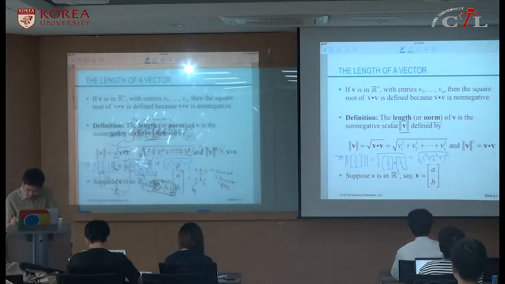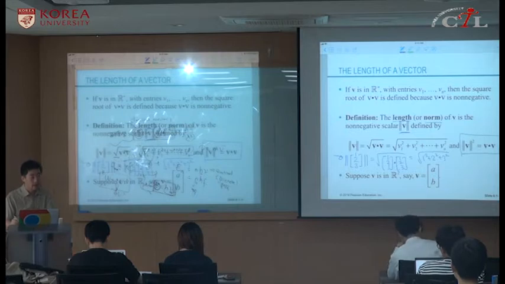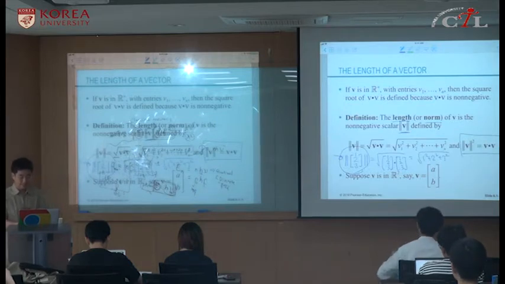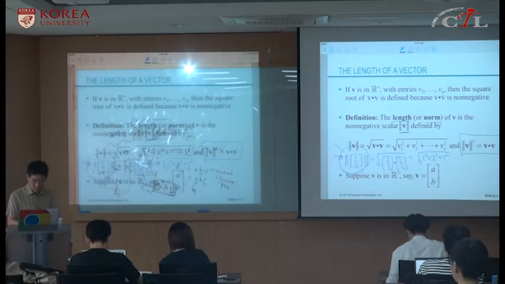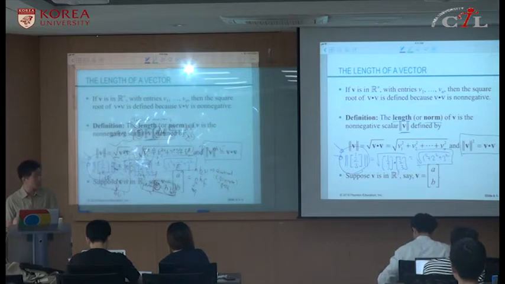If we compute these squares, we can write this out. Physically, this has the meaning of the length of the vector. A vector has a direction and a length, and this value is its length.